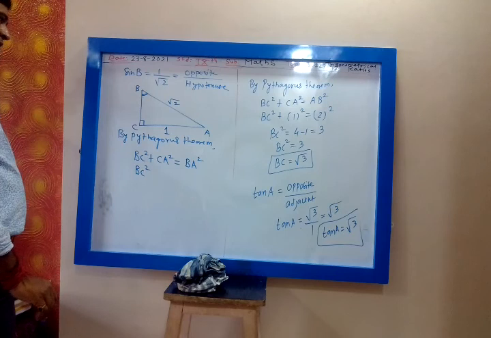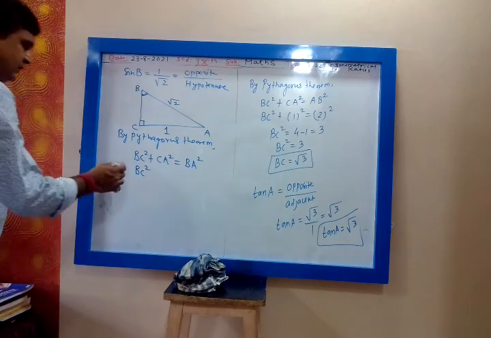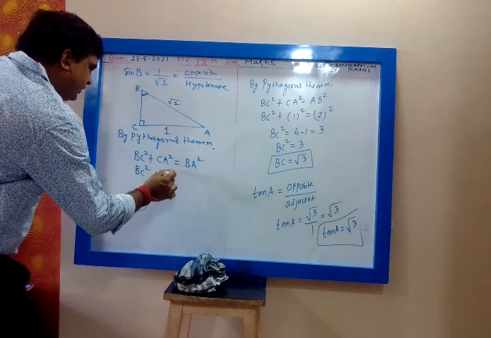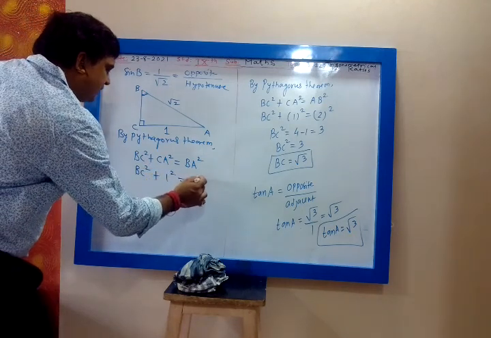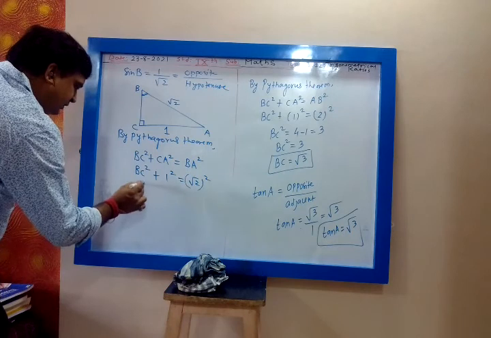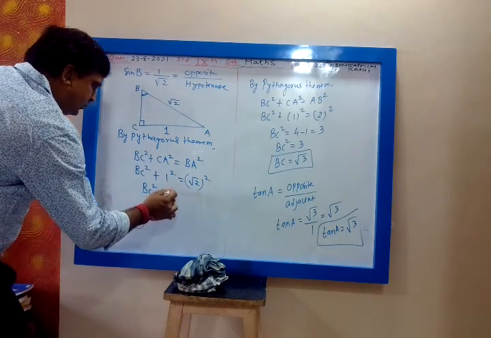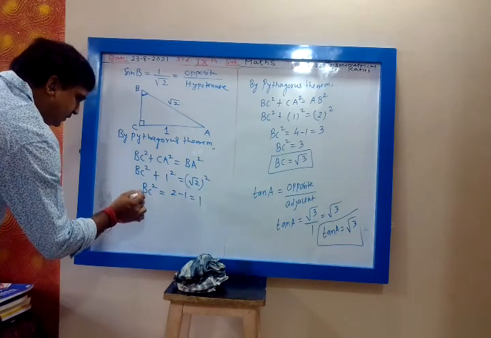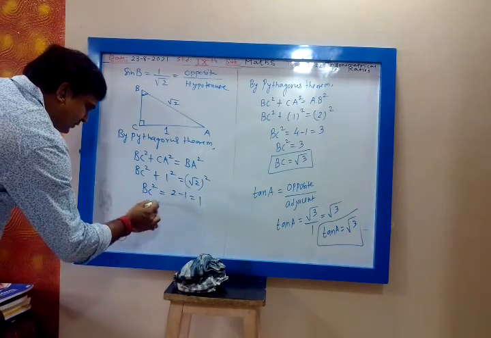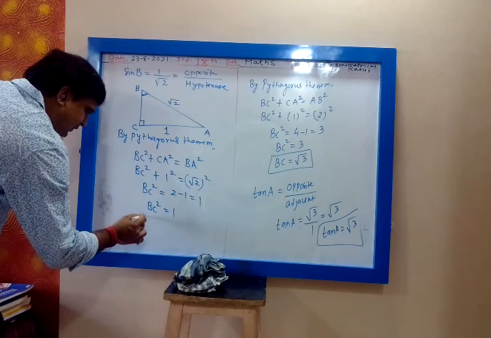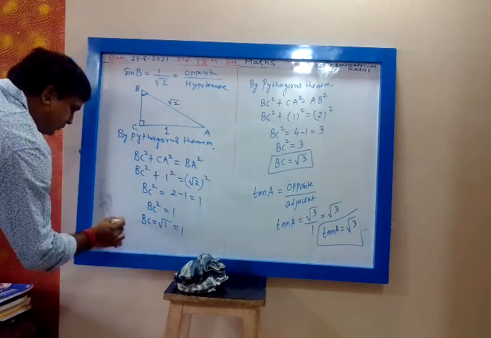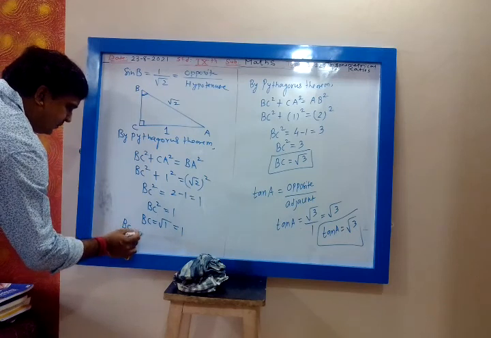BC square plus CA square, CA square is 1, 1 square is equal to root 2 square. So BC square is, root 2 square is 2, 2 minus 1, 1. So BC square is 1, so BC is root 1 which is 1.